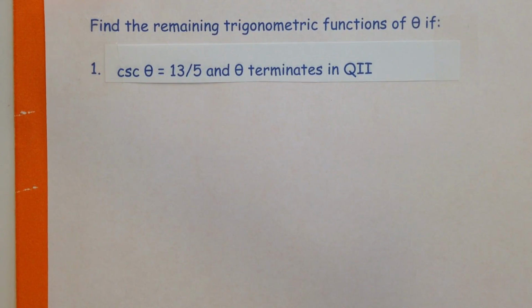All right, so first thing, since they're giving you one of your trig functions, that means you're going to know 2 of your values between x, y, and r. You've got 3 values, and you're going to know 2 of them strictly based on the trig function that they give you.